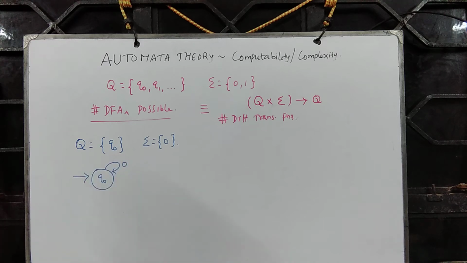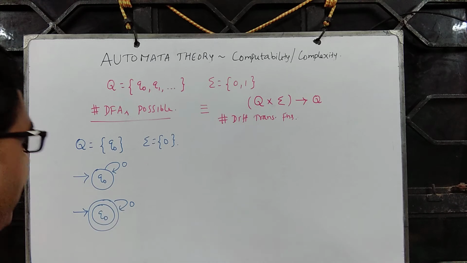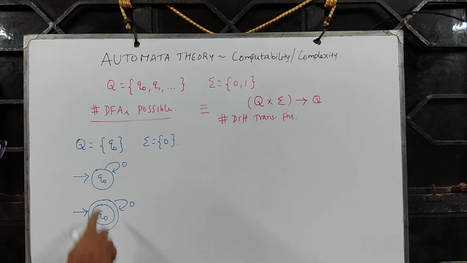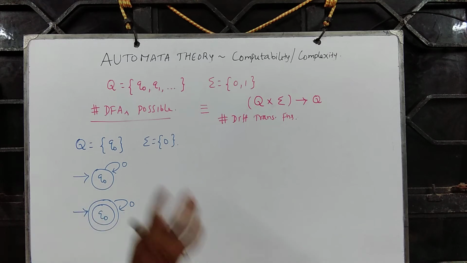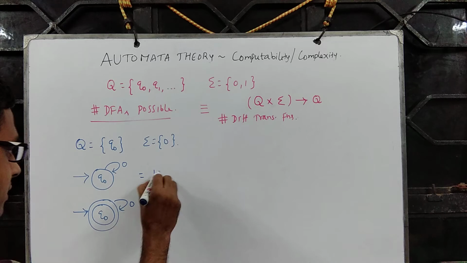In one automaton, Q0 itself is the start state and the final state, and in the other there is no final state at all.